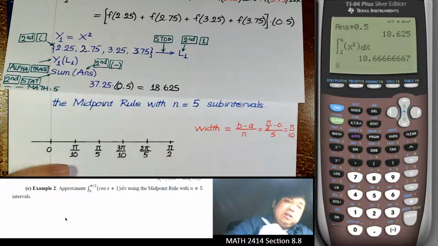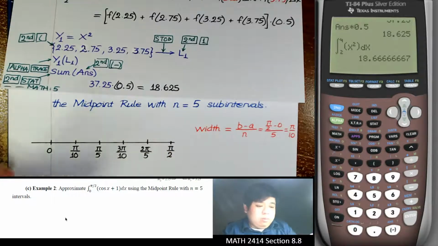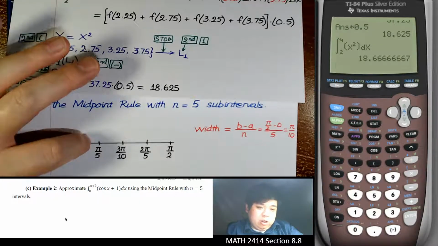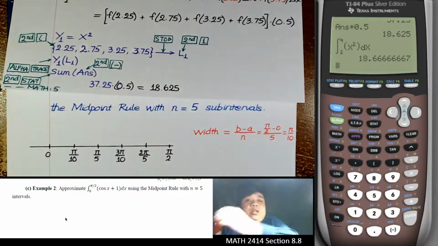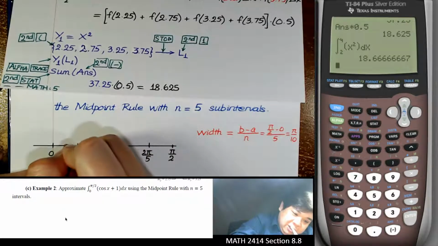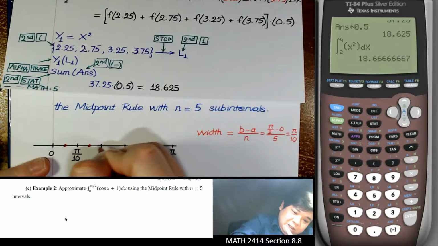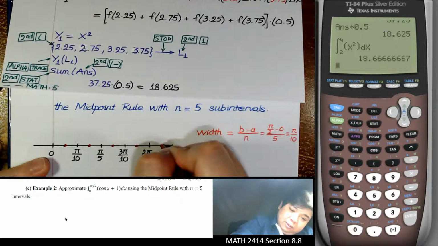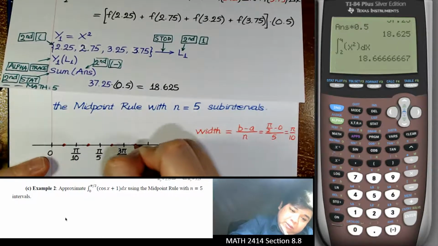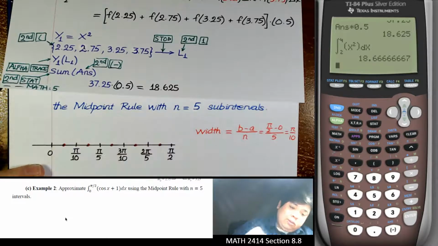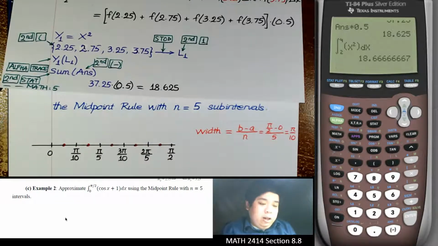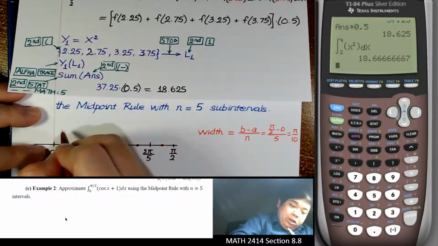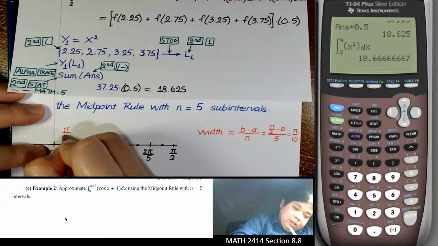So we have from 0 to pi over 2 divided into 5 equals segments 1, 2, 3, 4, 5. And then we take the midpoint. Right, the midpoint between 0 and pi over 10, add them, divide by 2, gives us pi over 20.